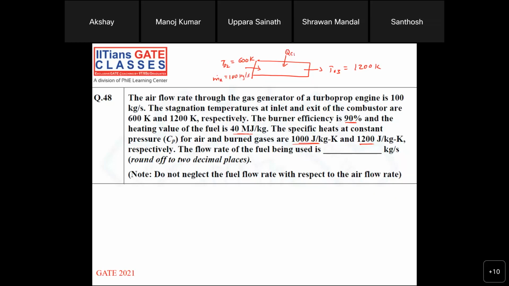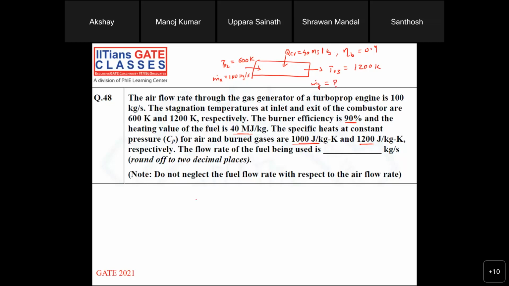Calorific value of fuel is given to be 40 megajoules per kg. And one more thing they are given, efficiency of the burner, that is 0.9. So we will see where it comes in the equation. And Cp of air, Cp of gas is given to you. All you have to calculate is the mass flow rate of fuel.